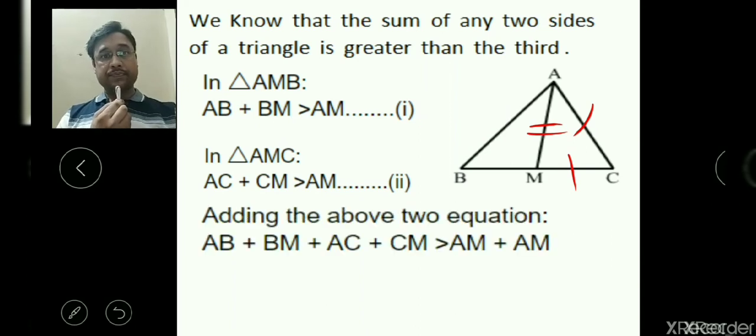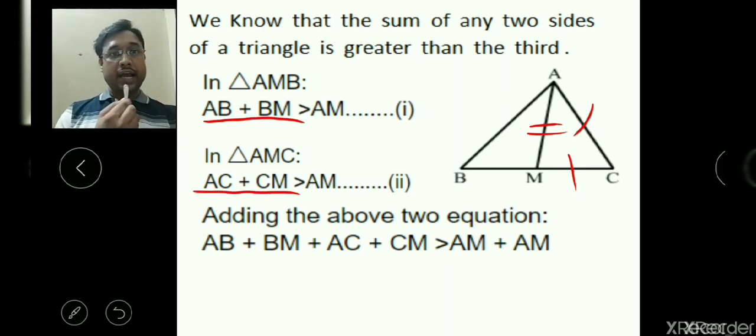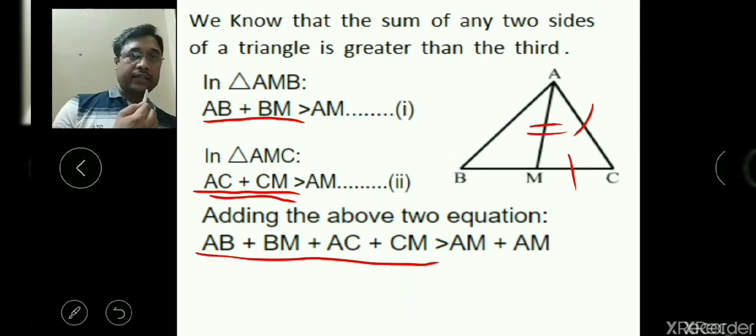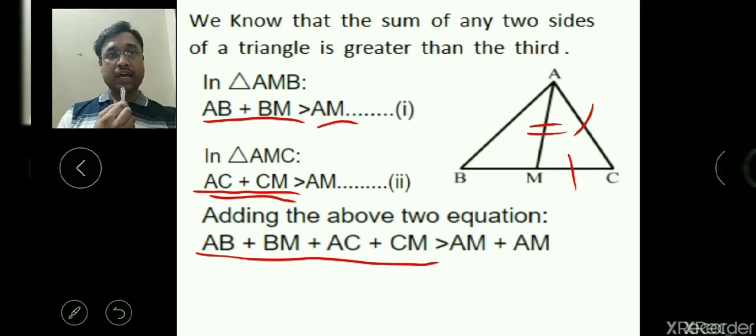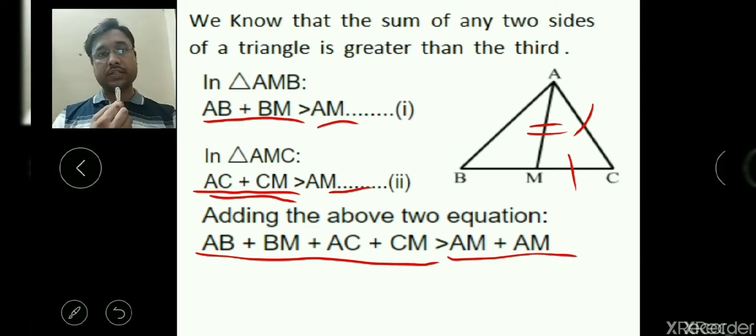Then adding both these inequalities, we get: add the left hand sides and write on the left, AB plus BM plus AC plus CM, and add the right side terms, AM and AM, and write on the right side. So AM plus AM will give 2 AM.